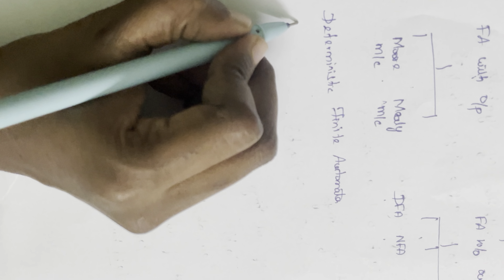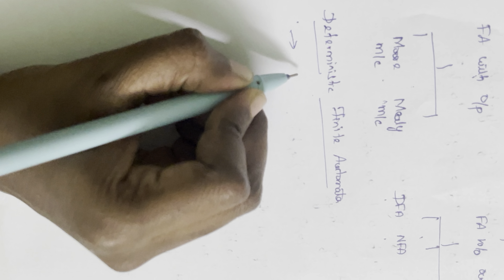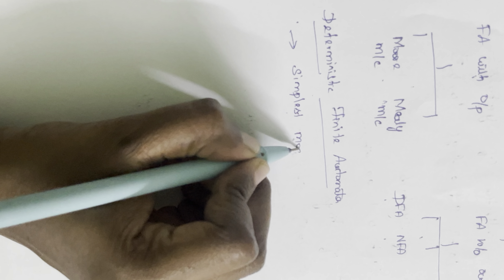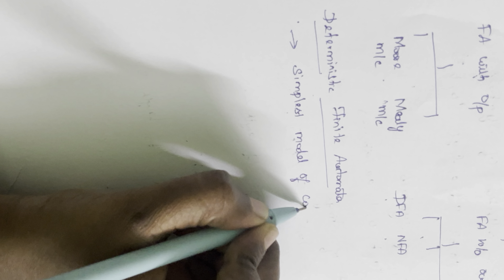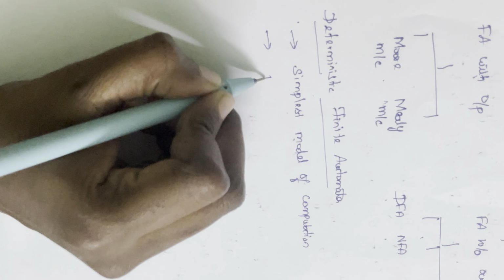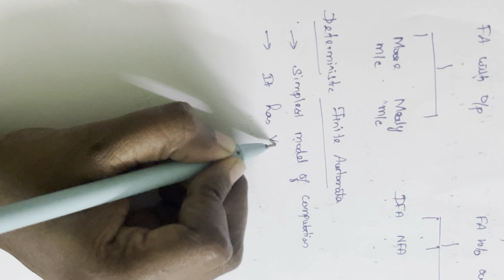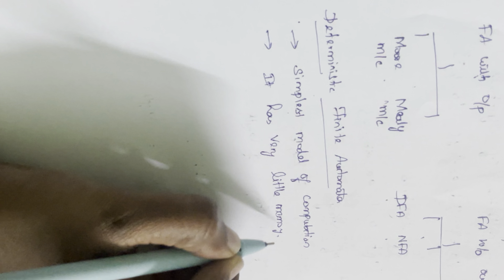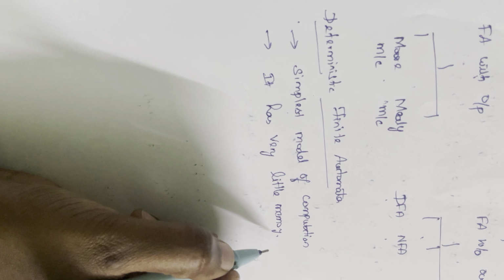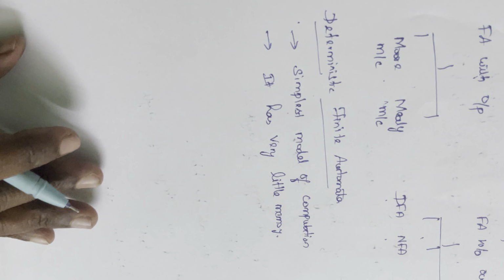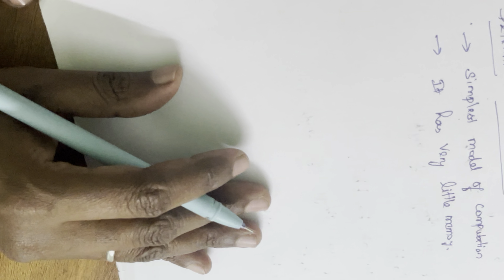What is meant by deterministic finite automata is, based on the structure, it is the simplest model of computation, and it has very little memory. So these are the two main characteristics of DFA. Let me explain very simply with a diagram.